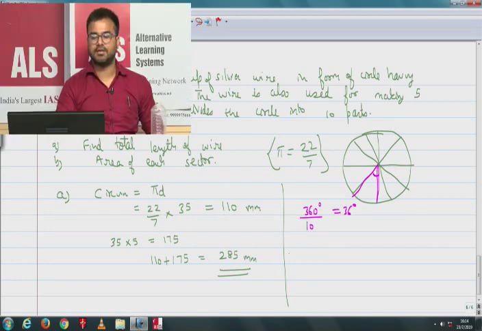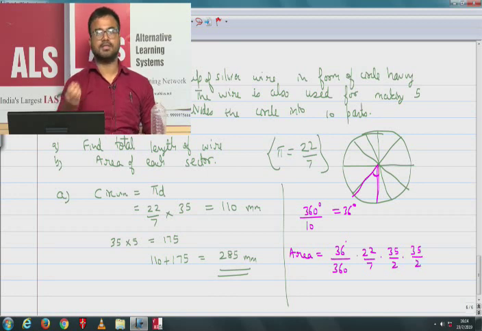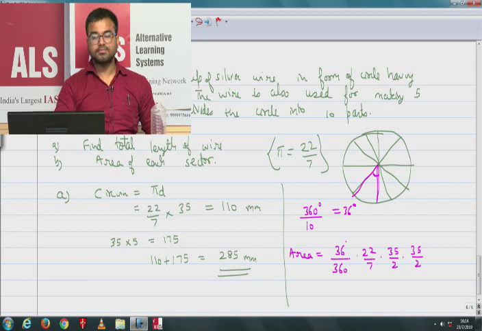So area of sector is theta over 360 into pi r square. R square is 35/2 into 35/2, because radius is 35/2. So this 36 will cancel with 360 to give 10, 7 cancels with 35 leaving 5, 10 and 2 cancel leaving 5 and 1.